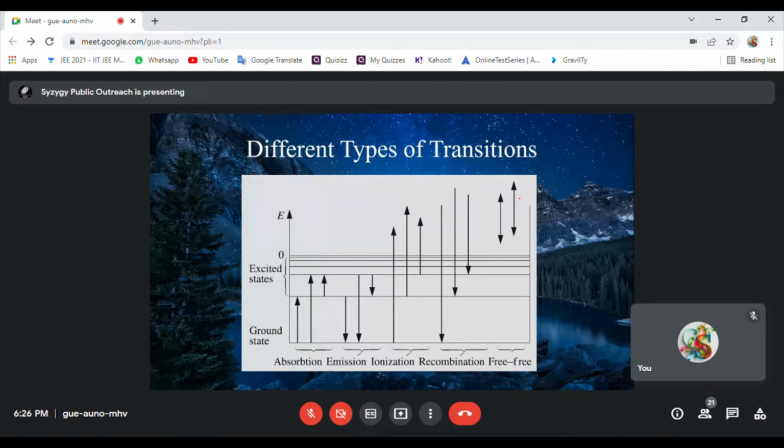The electron was free, and after the interaction it's still free, so we call it free-free radiation. This generally occurs in a very hot gas, at temperatures exceeding 10 to the power 6 Kelvin. These temperatures are generally found in stars, where there are mostly hydrogen and helium atoms. Under this temperature, even hydrogen, which has one of the highest ionization energies, is ionized.